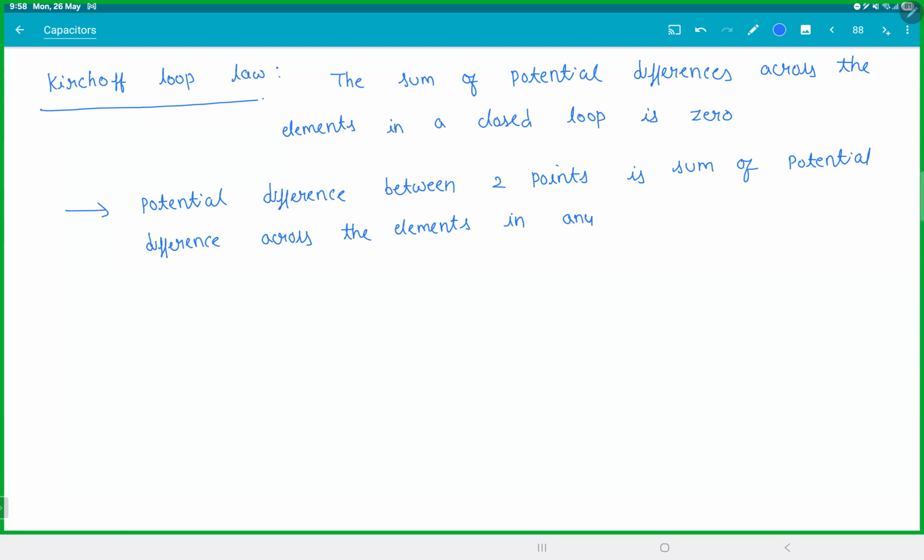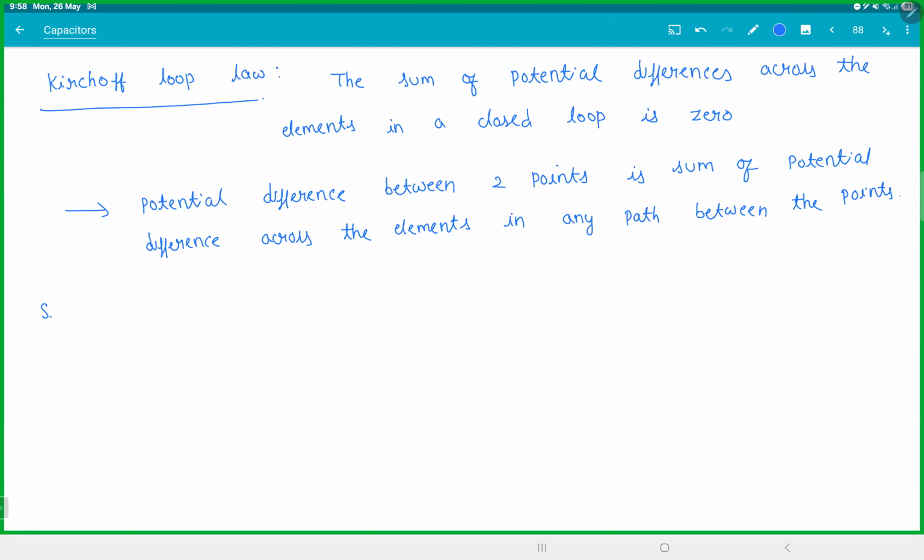Let's say if you want to go from A to B and there are like 10 paths, you take any path and add all the potential differences, and the result has to be the same. Obviously, because A and B are still the same. So it doesn't depend on the path between the points. Do you guys remember, electric field is conservative, so potential is a conservative thing. So potential difference or energy between 2 points won't depend on which path you take.